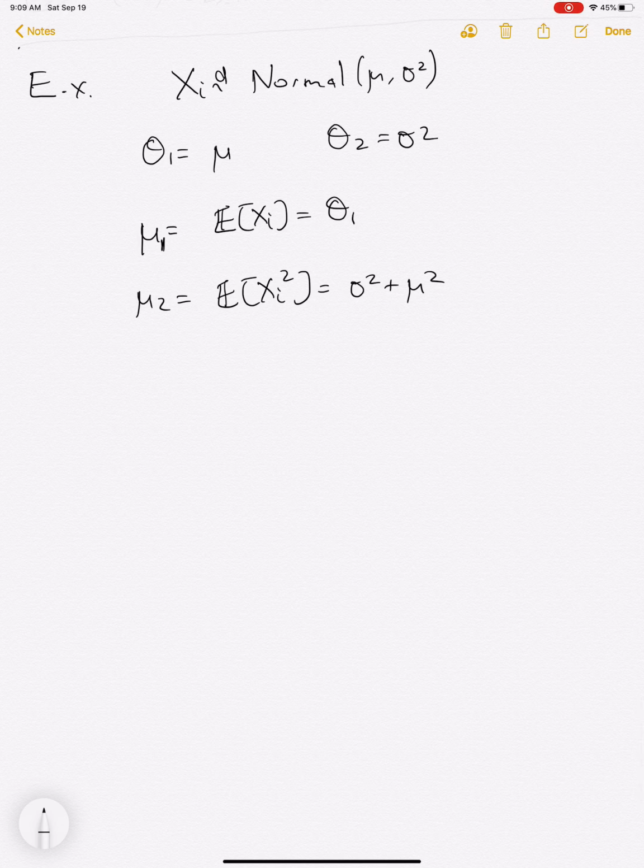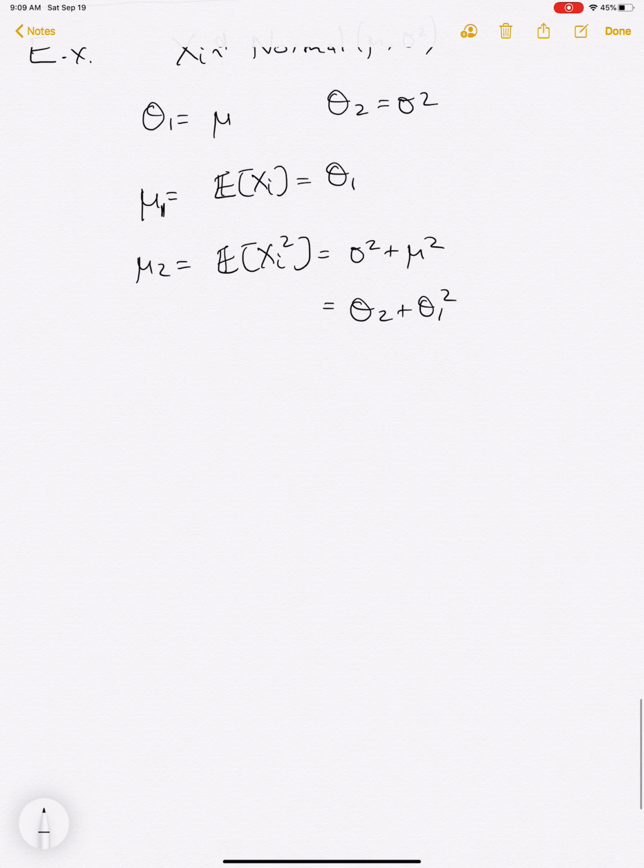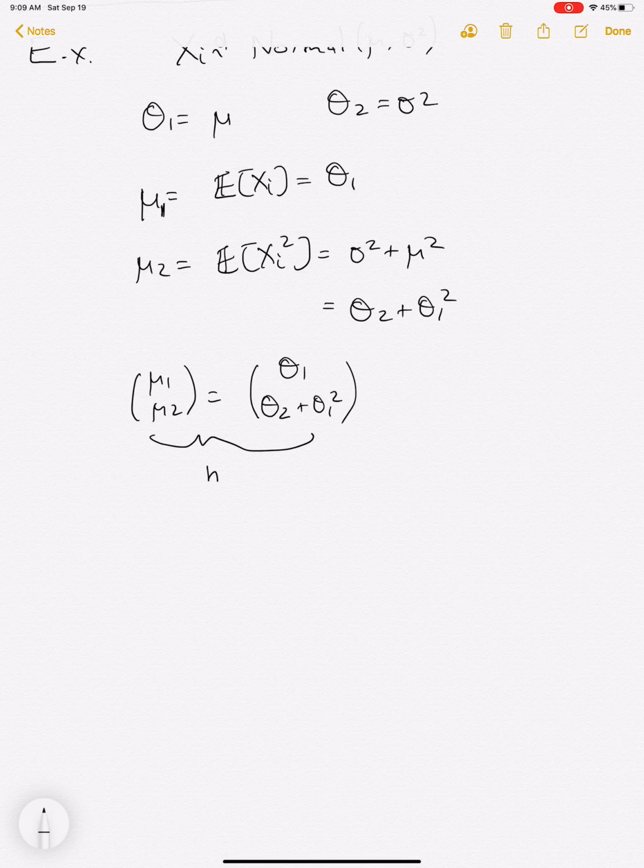That is equal to theta 2 plus theta 1 squared. So you can think of (mu1, mu2) as equal to (theta 1, theta 2 plus theta 1 squared). This is really your h function.